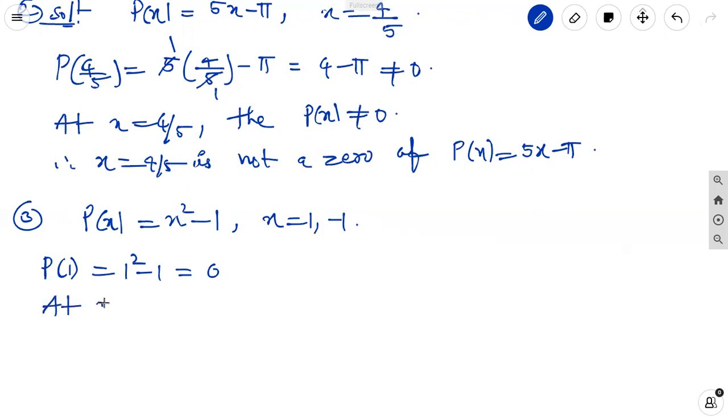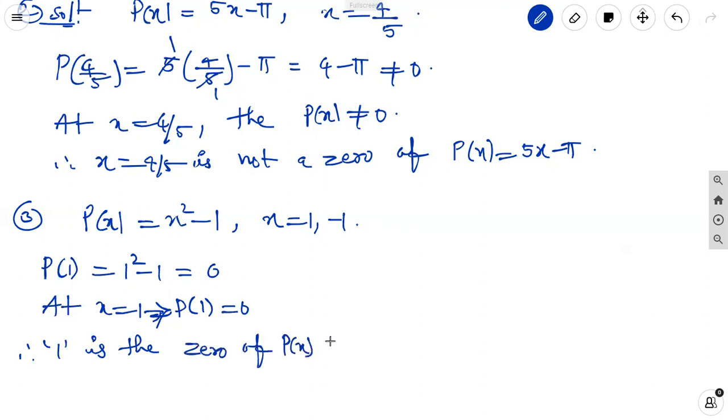At x equal to 1, P of 1 equal to 0. Therefore, 1 is the zero of P of x equal to x square minus 1.